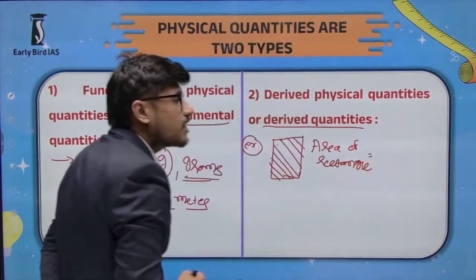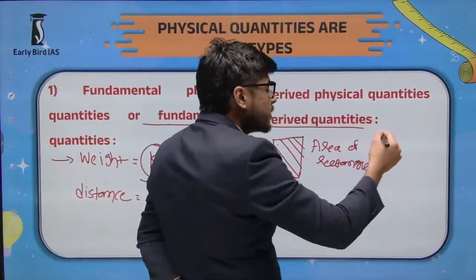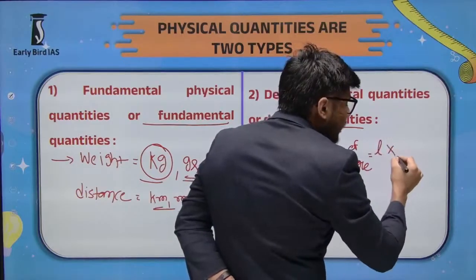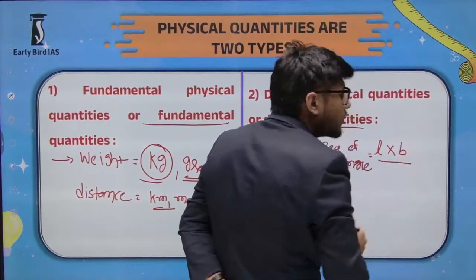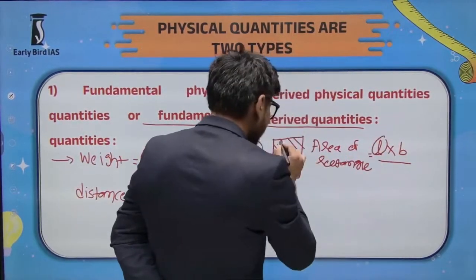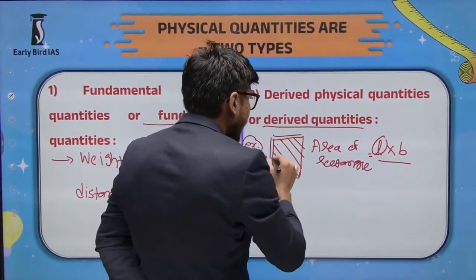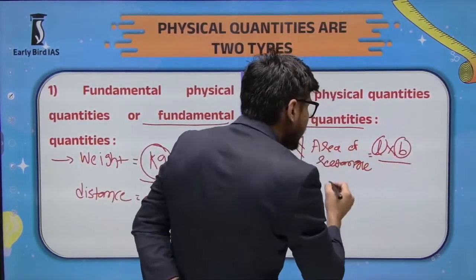then what do I need to do? For the area of a rectangle, I need to calculate the length and then multiply that length with the width, the breadth. That is called the area of a rectangle.